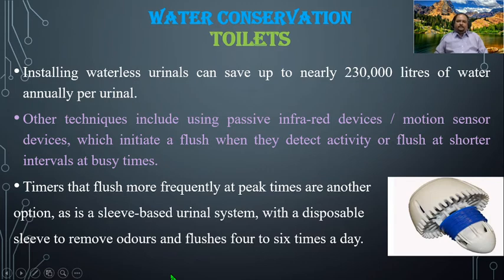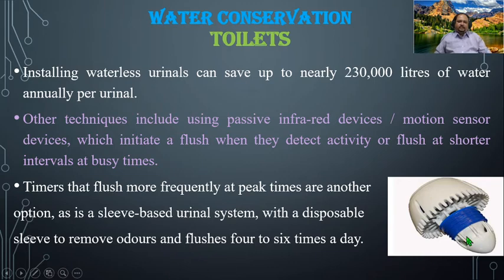Timers that flush more frequently at peak times are another option, as is a sleeve based urinal system with disposable sleeves to remove odor and flushes 4 to 6 times a day.